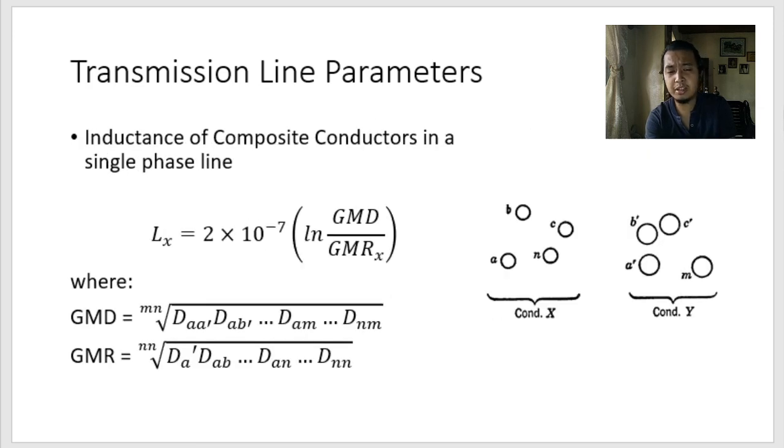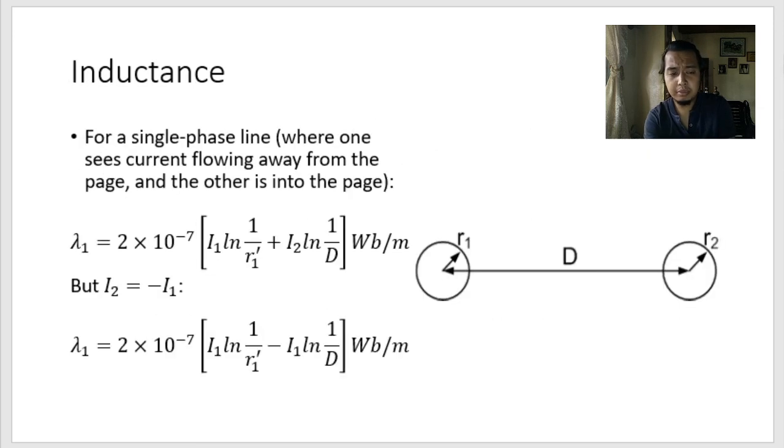Three-phase lines come later on, but I guess that's it for now. So at least we have an idea of the difference between internal and external inductance, how your neighboring conductors affect the external inductance of one conductor, and how they affect each other. So that's it for now.